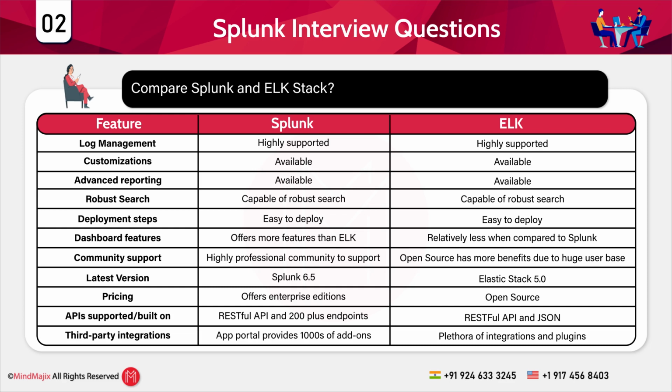If you talk about API support, Splunk has RESTful APIs and over 200 endpoints, whereas ELK has RESTful APIs and JSON. The last point of comparison is third-party integrations. For Splunk, the app portal provides thousands of add-ons, and in case of ELK as well, you have plenty of options for integrations and plugins. So guys, this was a comparison between Splunk and ELK.